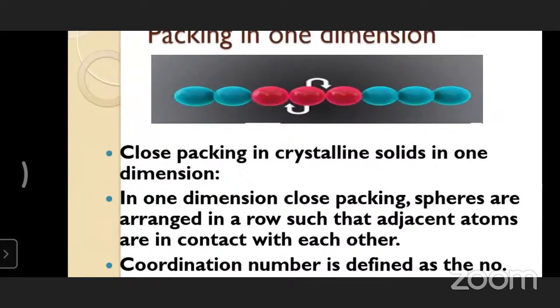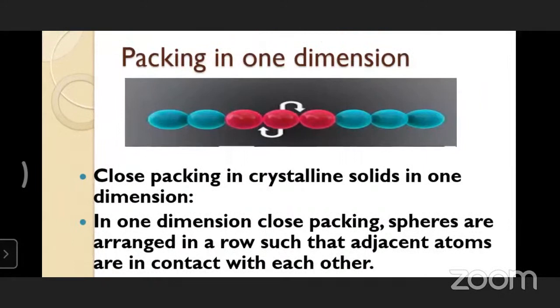We have three dimensions, x, y and z. Here there is only one dimension, a straight line represented like this. In that straight line, in one direction only, the atoms, ions or molecules are arranged. One atom after another atom after another atom, like that, they are packed in a unit cell. So this type of packing may be available in a unit cell.